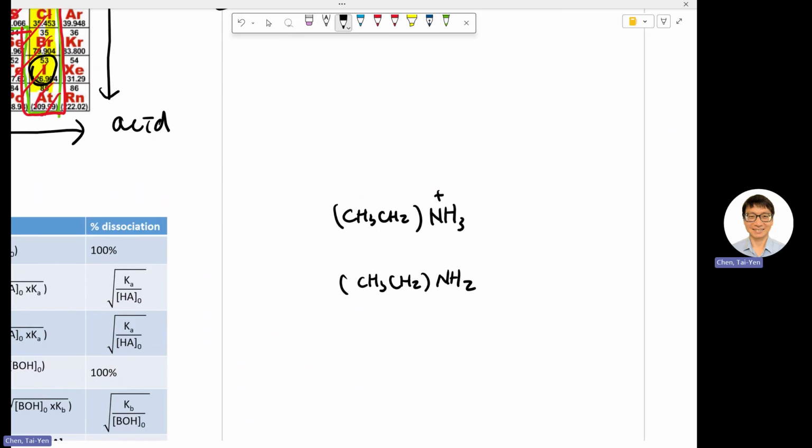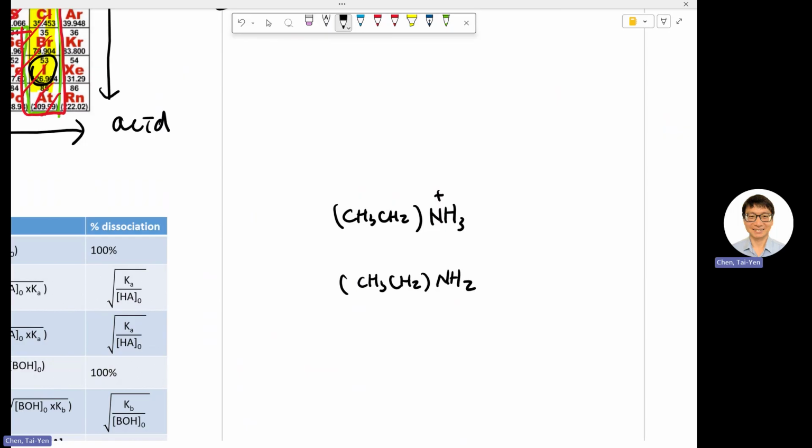But if I don't explain this to you, I just give you these two formulas. Can you confidently say the top one is acid, bottom one is base? Okay, reality is actually no, students cannot. Because they don't have a very strong understanding of the conjugate acid and base concept. And they look so similar, right? And there's actually no clear OH inside the formula.